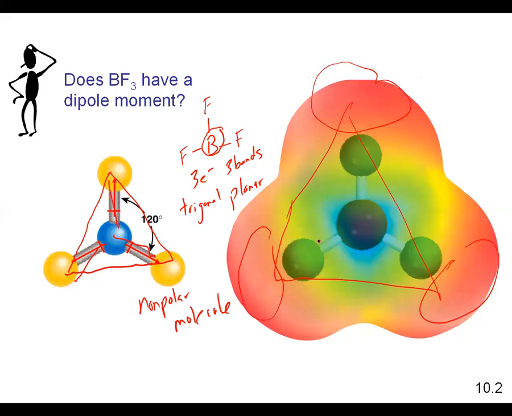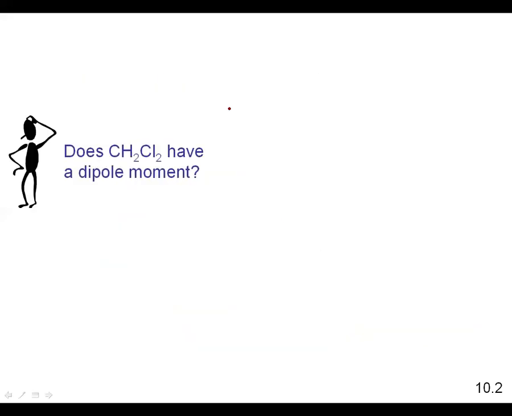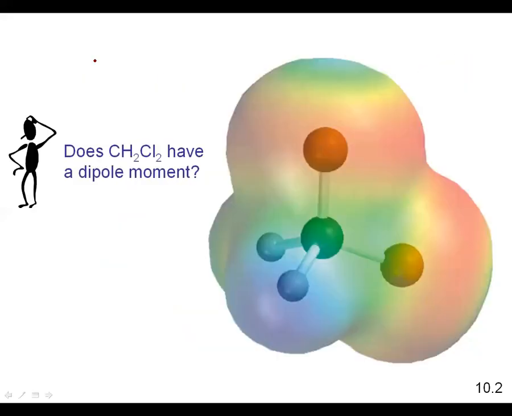And I think we might have one more here. So the last one I think is our CH2Cl2. So when we look at something like this, here we have our H, and it was, I believe, F, if I'm not mistaken.